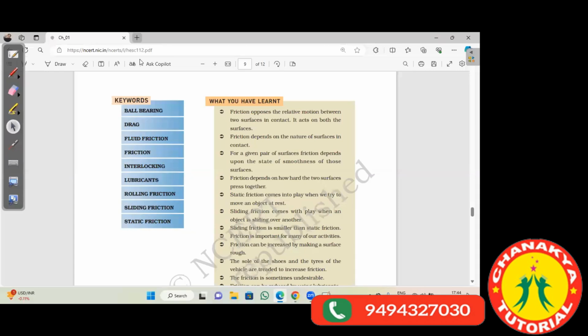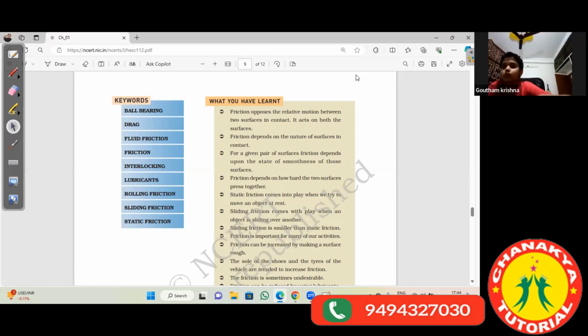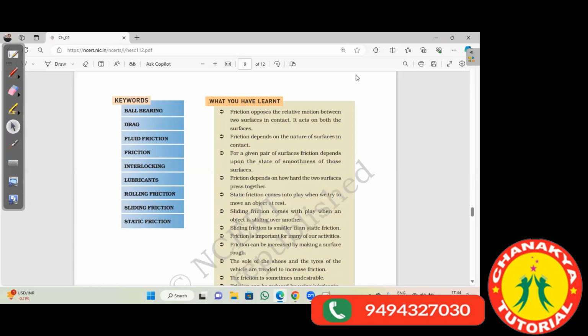The next definition is drag. So what is drag? Pulling something, sir, pulling it towards our side. It acts upon fluids, fluids in the air.